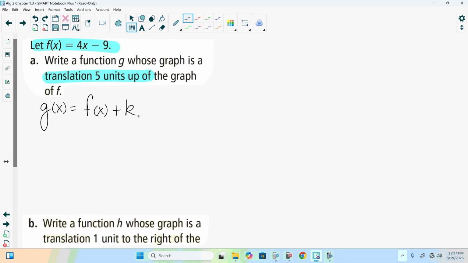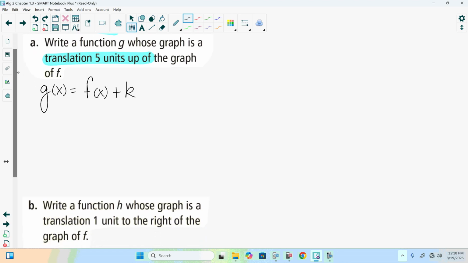Interestingly enough, the f of x part, we can make it whatever we want. All we're saying is we're taking the function f of x and we're moving it up or down by this amount. We're moving it up or down by the value of k. That's all that's saying. So that means if we wanted to apply it to, say, g of x, we would not say f of x plus k. We would say g of x plus k. It's just the name of the function. What function are we applying it to?